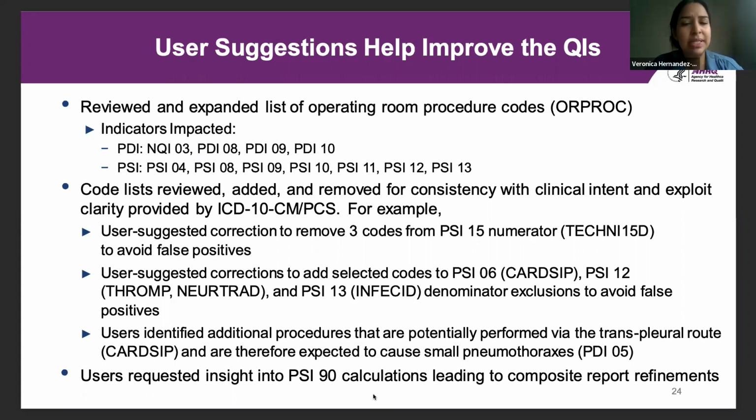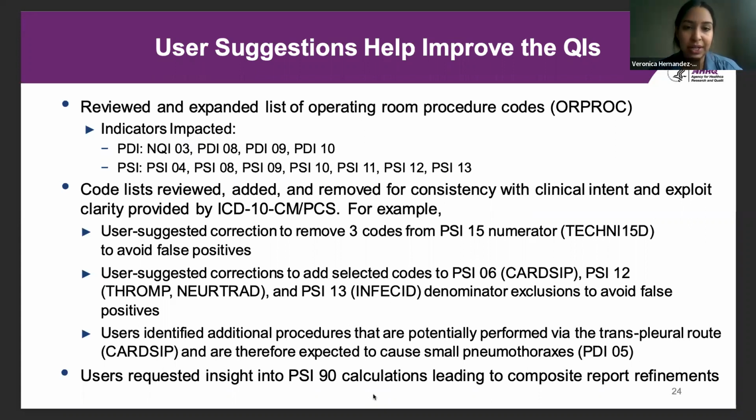And to provide a specific example of how we add codes to denominator exclusion criteria to avoid false positives, we expanded the code list identifying procedures potentially performed by the transpleural route, therefore expected to cause a pneumothorax. Adding these codes in the exclusionary criteria avoids these procedures being flagged under PDI 5 and also PSI 6.